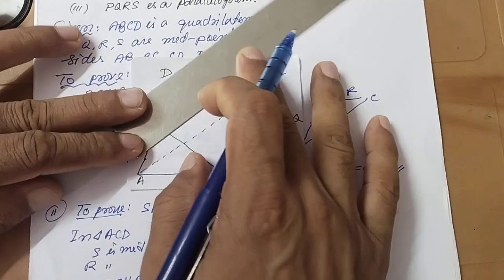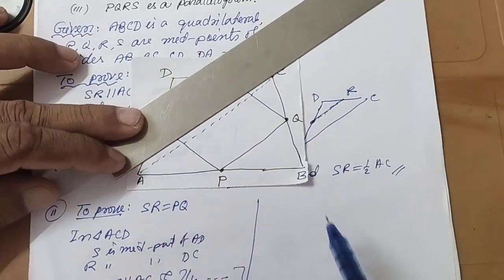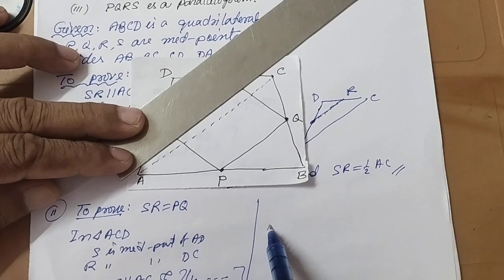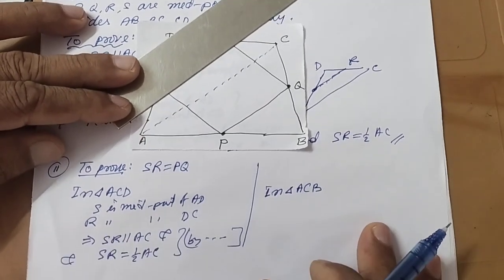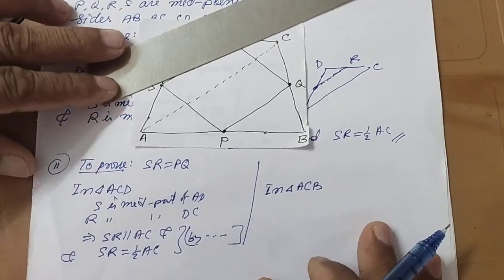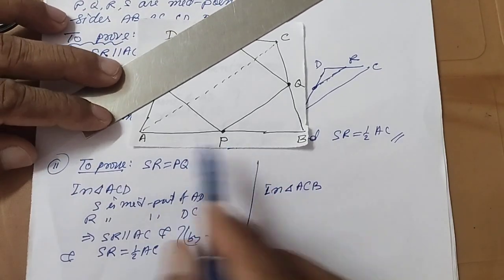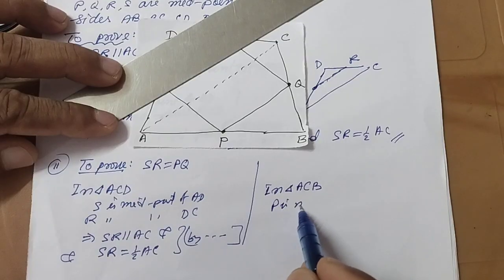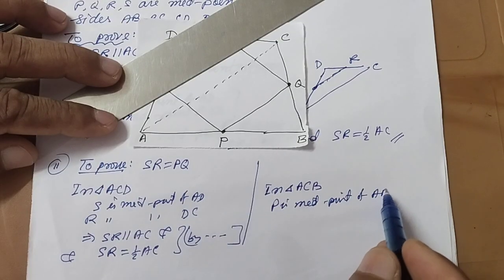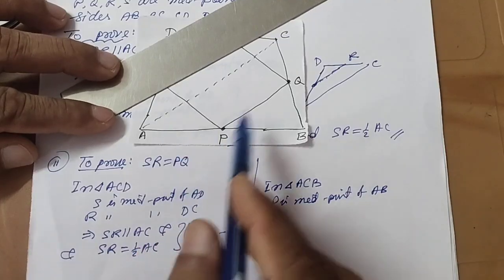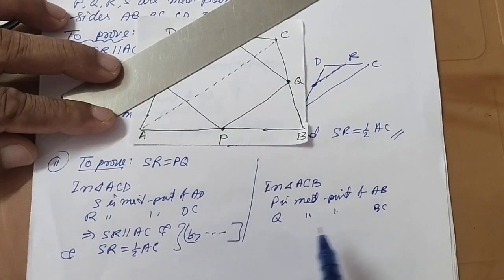In the same way, in the other triangle ACB, what do we have? P is midpoint of AB, Q is midpoint of BC.